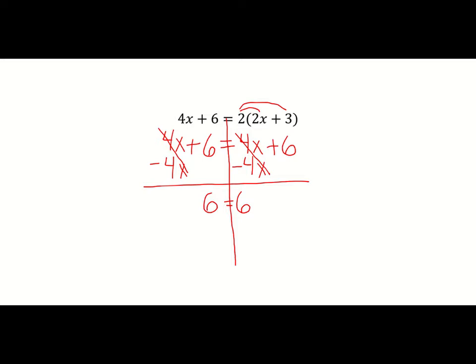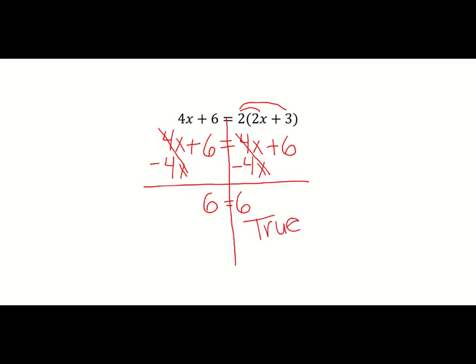So you see I no longer have any variables in this problem because all of them canceled out completely. So I have 6 equals 6. When this happens, your variables are completely gone and you're just left with numbers. You want to ask yourself, is what's left a true or false statement? So 6 equals 6. Well, that's a true statement.